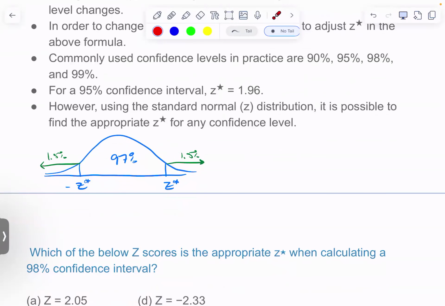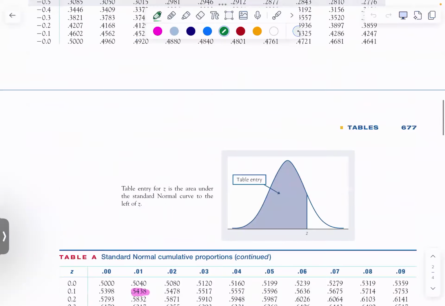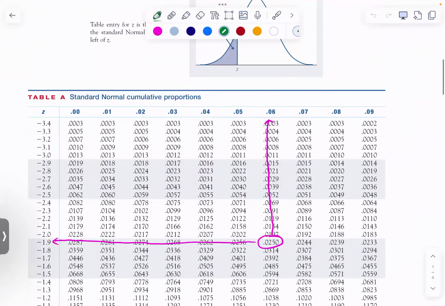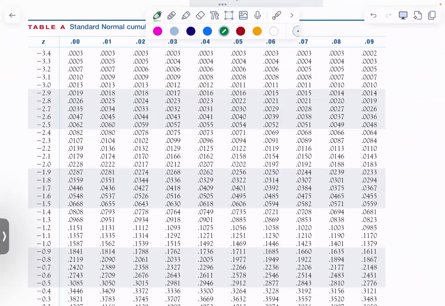So what would you do if you had to build a 97% confidence interval? You'd have to find the value in the table entry closest to 0.015 in the Z table. 0.015, it should be on the negative side. 0.0107.